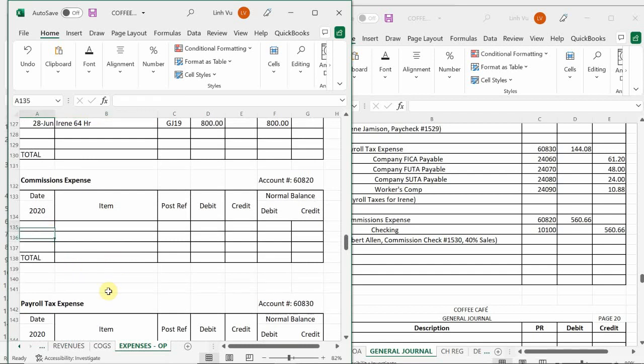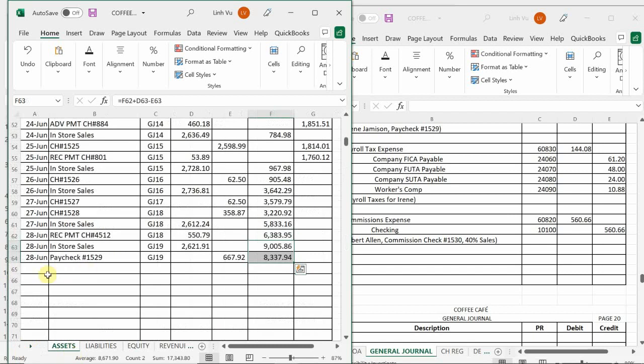Commissions expense for Albert, which is 40% of sales. Okay? For a total of $560.66. And of course, we end up cutting him a check.